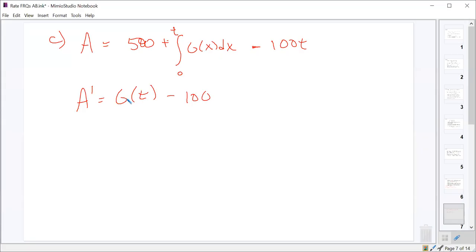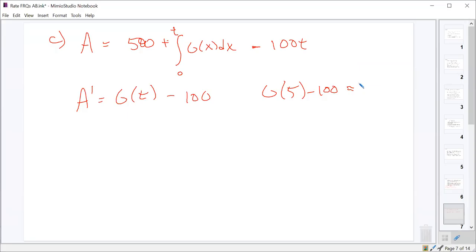So is the rate at t equals 5 positive or negative? So g of 5 minus 100, what did that come out to be? Yeah, it'd be negative. Do we have a number? Anybody get a number on that?